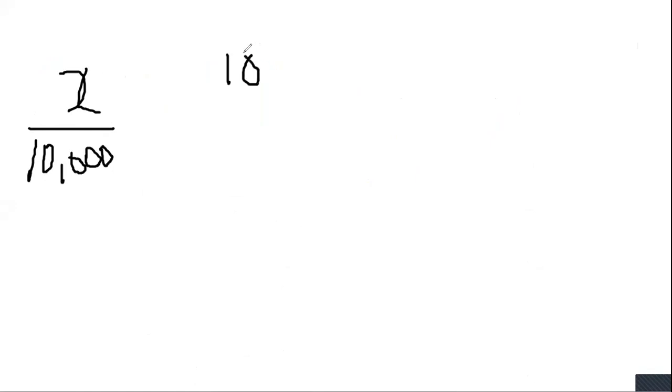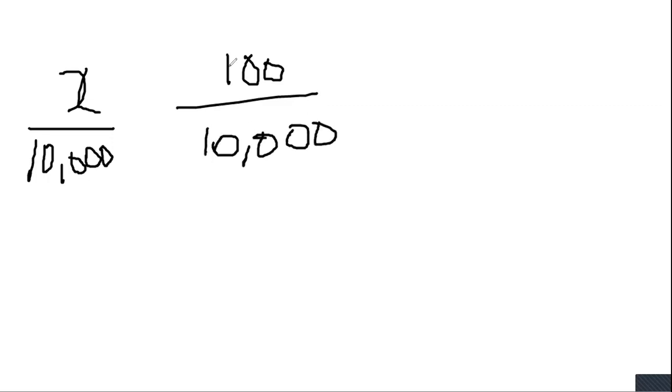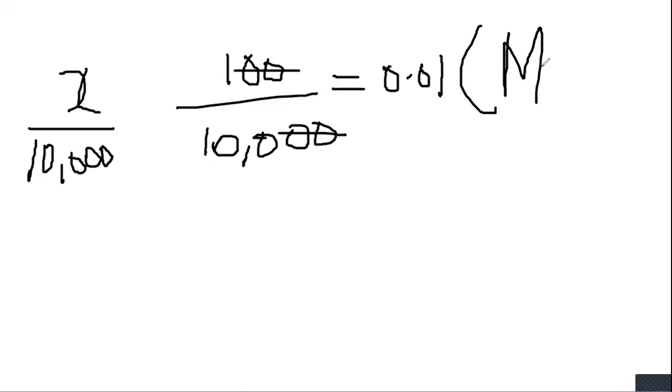That's 100 over 10,000. Zeros cancel zeros. 1 divided by 100 is what? 0.01. So this is a micro lot size.